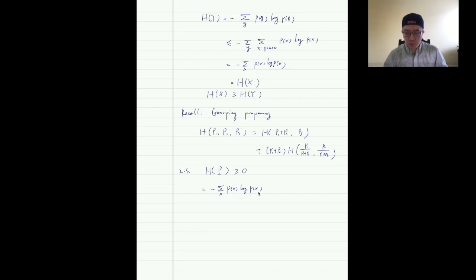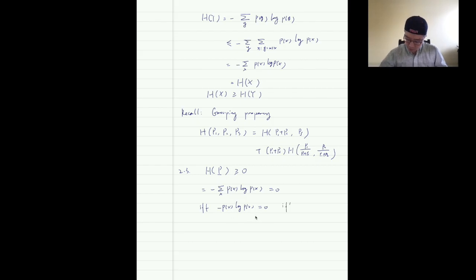So in order to make this equal to 0, the only possibility is that, if and only if, each of these terms is 0, okay? There are only two possibilities, right?